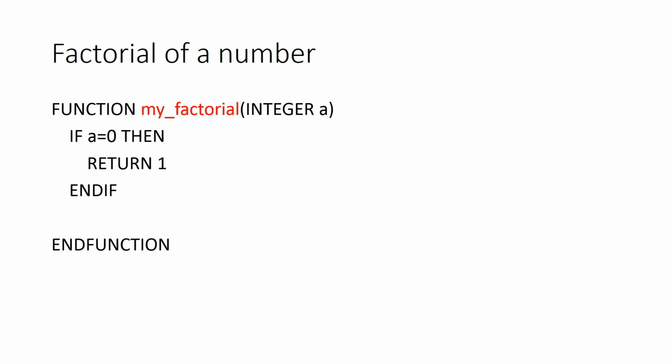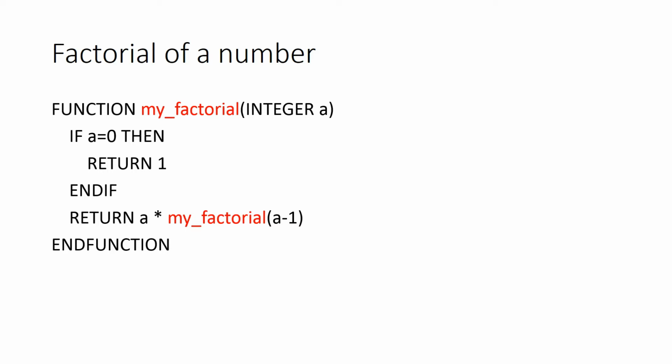If a is anything other than 0, then the if will fail and we go to the next line after the end if. The next line after the end if: return a, our variable, times the factorial of our variable minus 1.